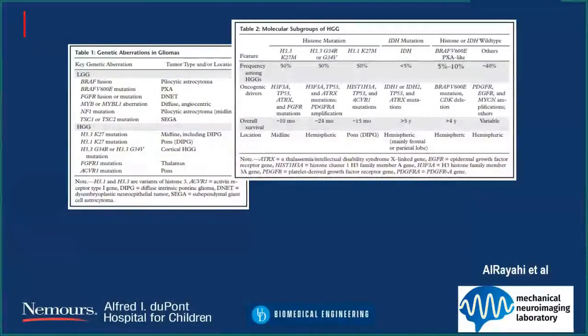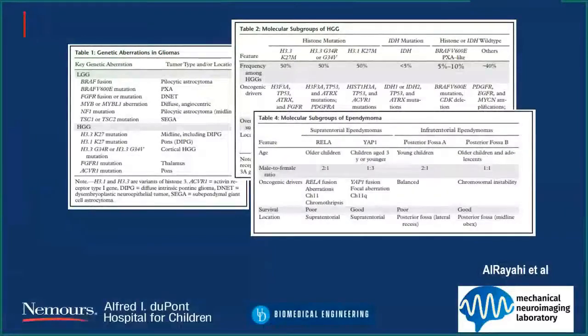Similarly, high-grade gliomas have been further subcategorized based on histone mutation, IDH mutation, or histone or IDH wild type. Ependymomas can further be subcategorized based on imaging findings and genetic abnormalities. For example, a posterior fossa A ependymoma will arise from the lateral recess as compared to the posterior fossa B subtype of ependymoma, which will arise from the midline obex.